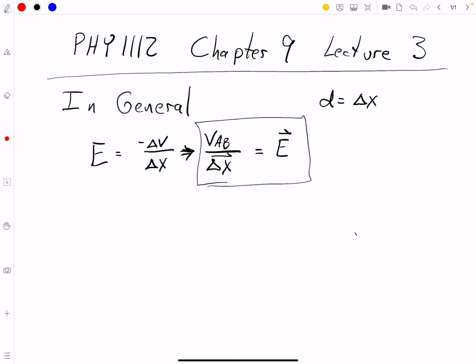So let's say we want to look at an electrical potential due to a point charge. So here's our point charge, and we could say that the point charge is Q. And we've got this point charge and some place away from Q at a distance r.